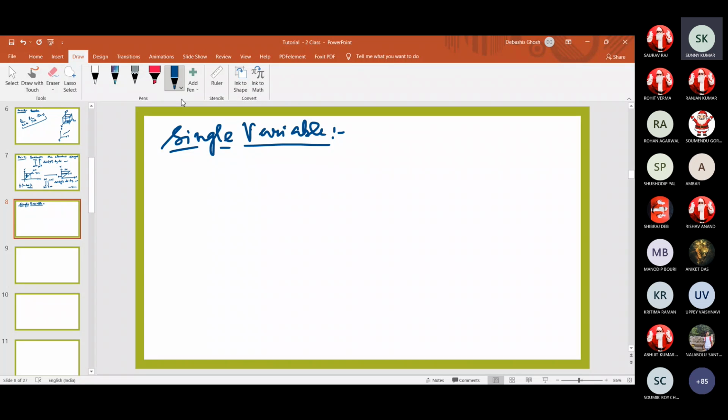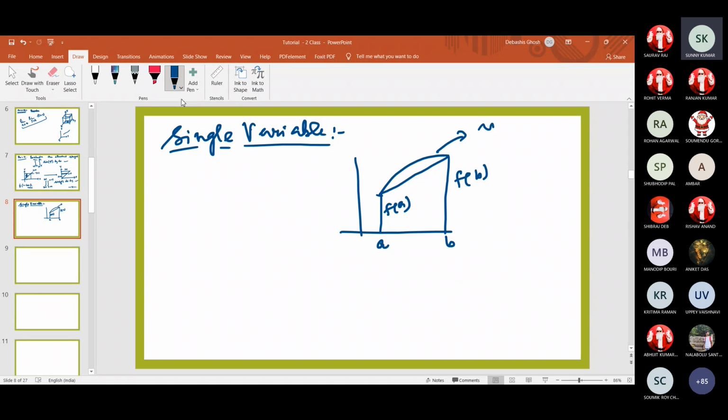And as you know, if we draw the curve like this, the average slope is computed by taking the difference between the points of the interval from A to B. This value is f of A, this value is f of B, and this one is y equals f of x.